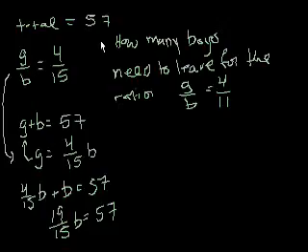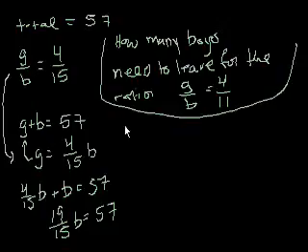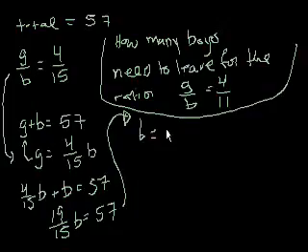Then we say b is equal to 57 times 15, all of that over 19. I just multiplied both sides by 15 over 19. So 57 divided by 19 is 3. So b is equal to 45.